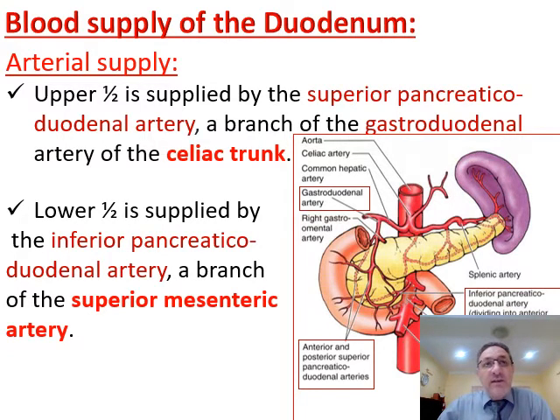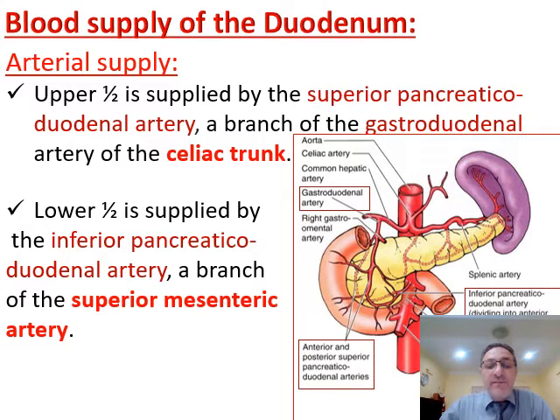Three single branches come from the aorta and supply the GIT: the celiac trunk superiorly, then the superior mesenteric and inferior mesenteric. The celiac trunk supplies the esophagus and parts of the stomach.